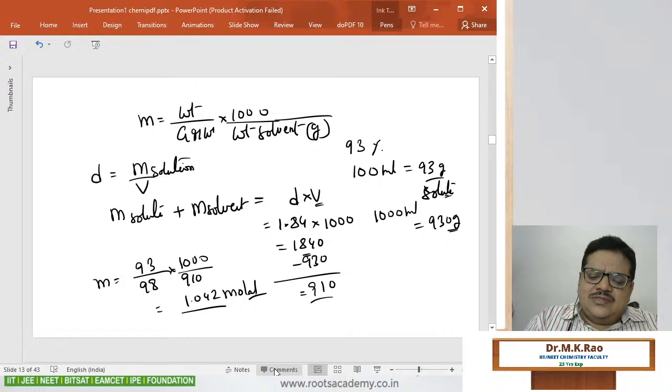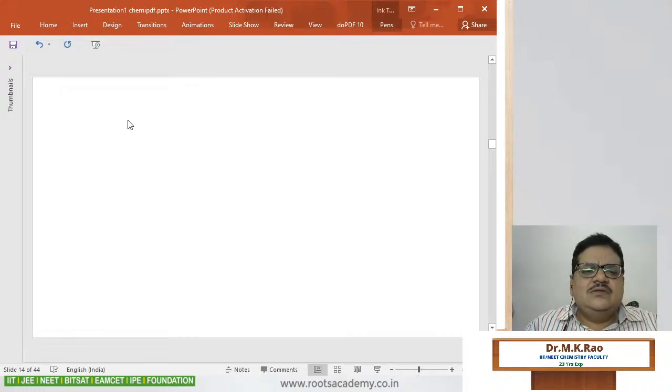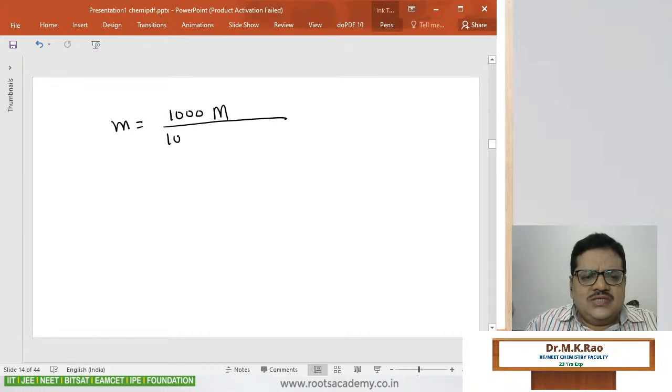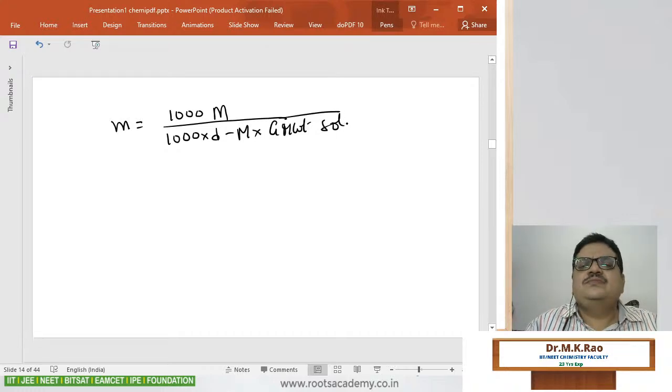Another way also, I am saying there are two methods. What is the other method? Molality is equal to 1000 into molarity whole by 1000 into density minus molarity into gram molecular weight of solute.